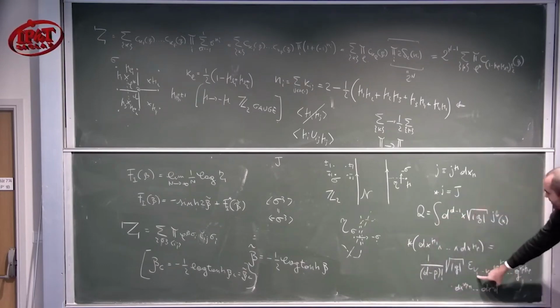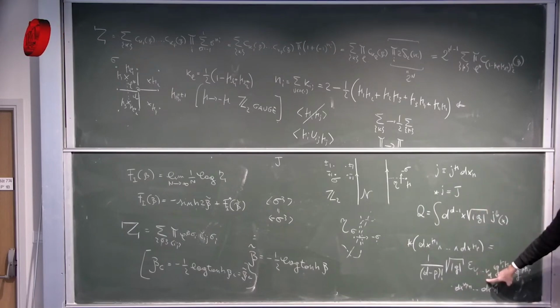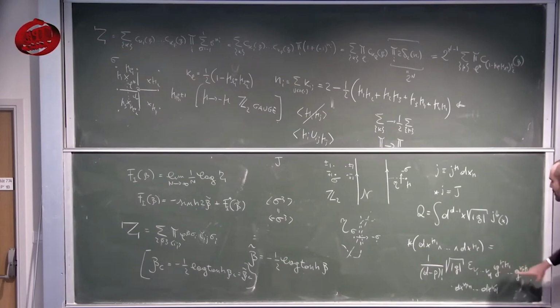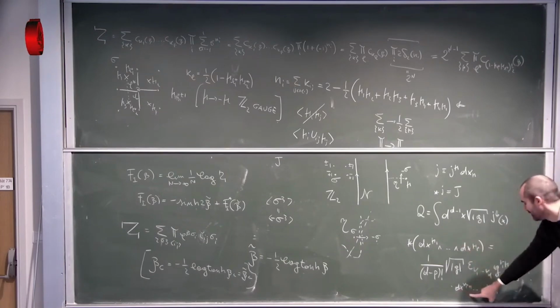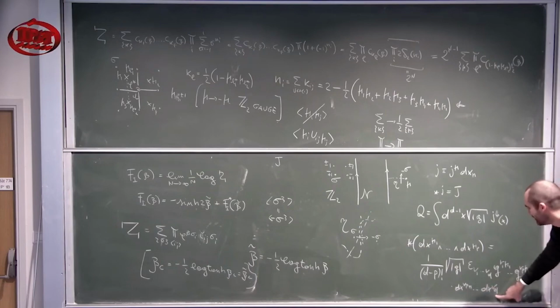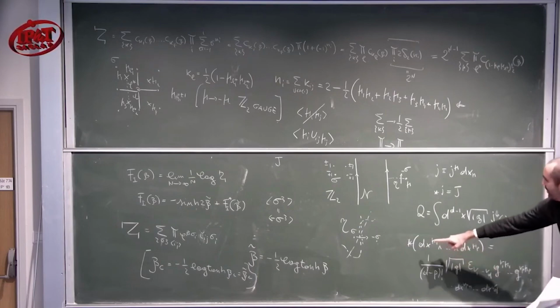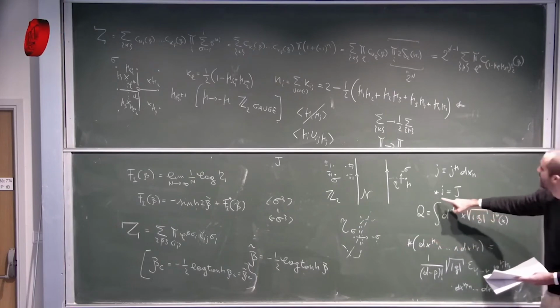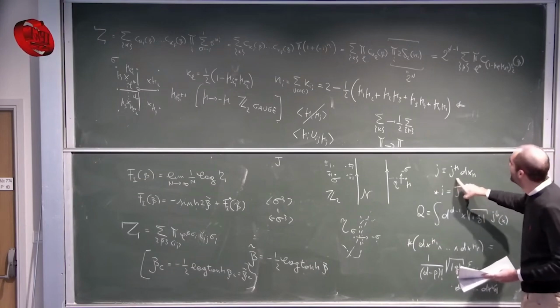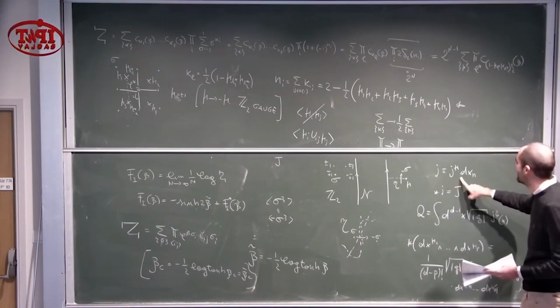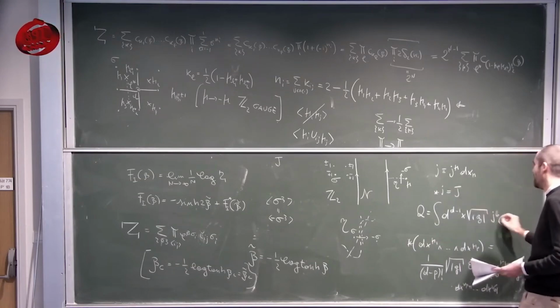So this is an antisymmetric tensor with d indices, a fully antisymmetric tensor with these indices. These are metric tensors with indices going from 1 to p, the original p, and then there are differentials that go from p plus 1 to d. So this is the star operation. And if I apply the star operation to my original current, I have a very compact way of writing the charge.